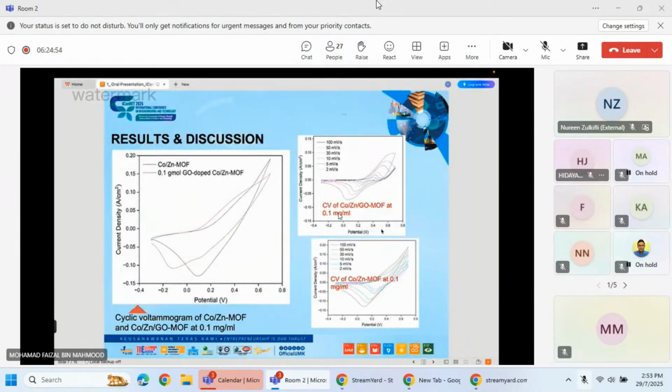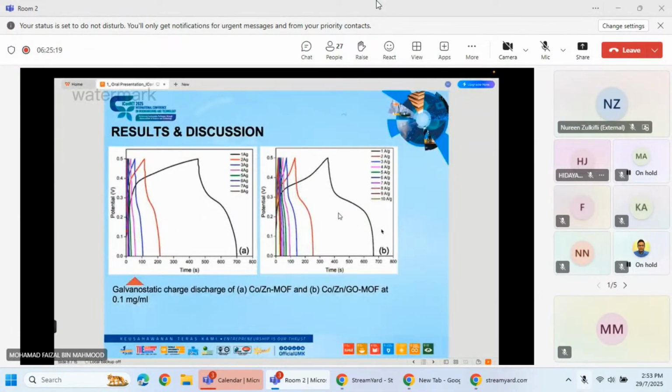The incorporation of graphene oxide enhances the electrochemical response by increasing the overall surface area, introducing additional electroactive sites, and reducing internal resistance, as graphene oxide renders excellent electrical conductivity.